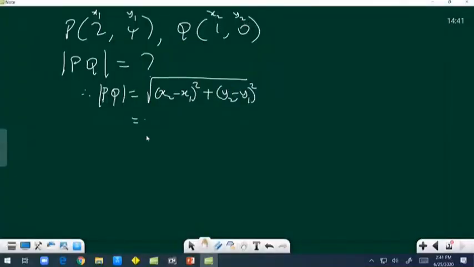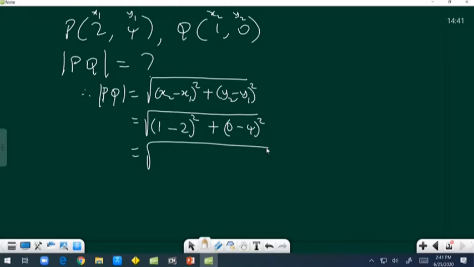So we substitute into the relation. We have x2 as 1 minus x1, which is 2, all squared, plus y2 as 0 minus y1, y1 is 4, all squared. So we have 1 minus 2 is minus 1 all squared, plus 0 minus 4 is minus 4 all squared.